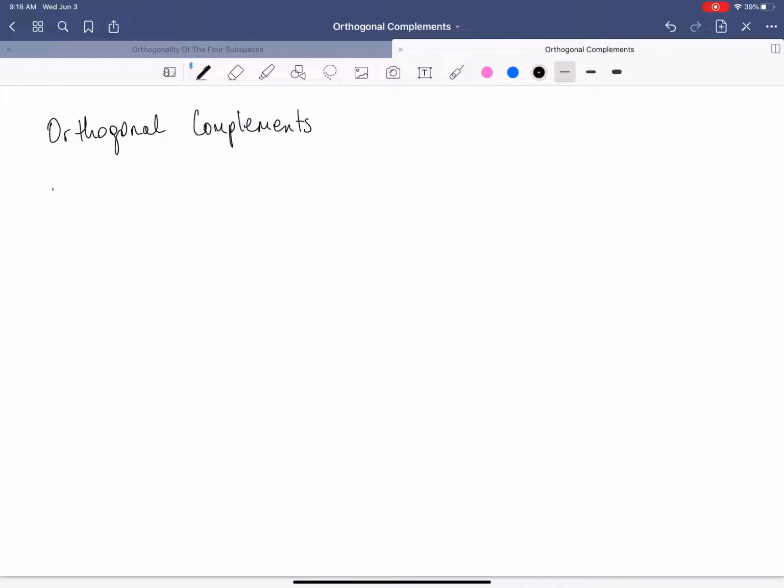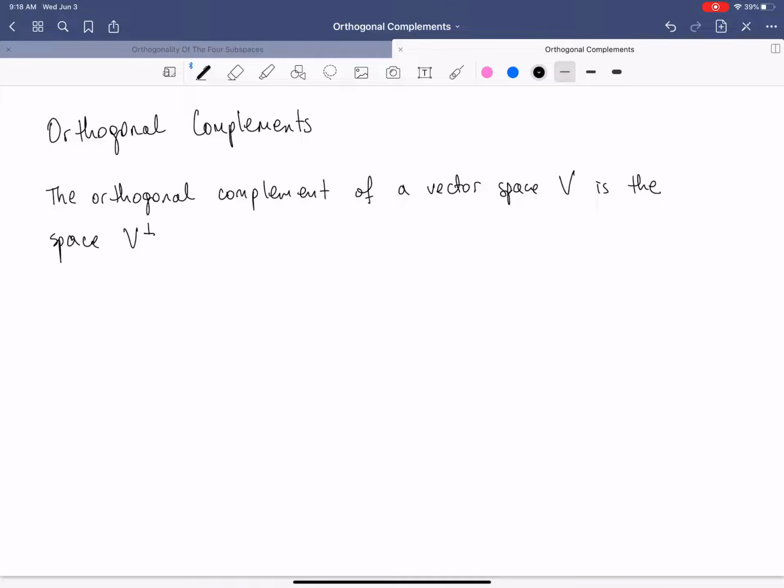The orthogonal complement of a vector space V is the space V perp, so V perpendicular, but it's pronounced V perp, consisting of all vectors perpendicular to V.